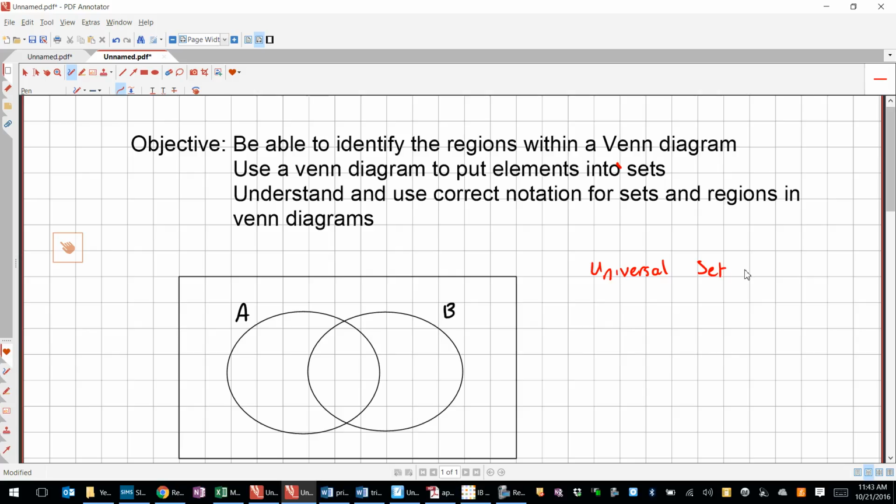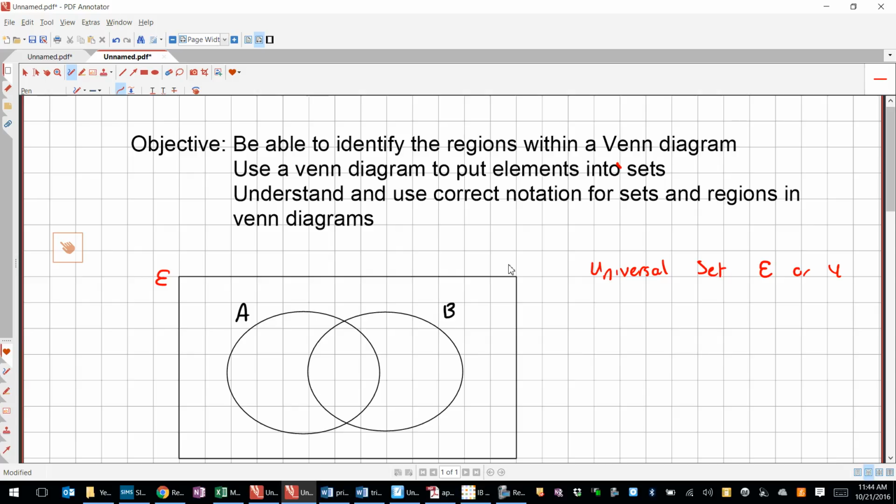Now, the universal set has a particular symbol. I think in your IGCSE it is a wiggly E. You might see a fancy E shape, or it will be called a U. And this rectangle, normally you'll see it somewhere up there, represents that the rectangle is the universal set.